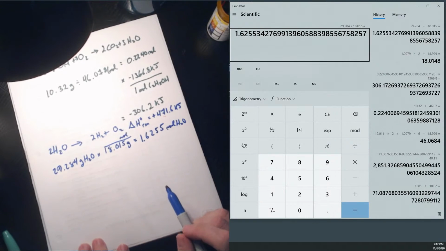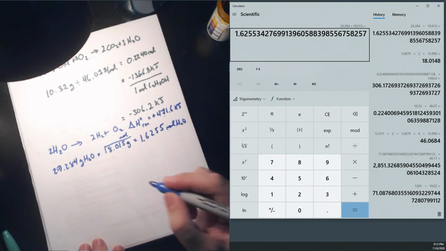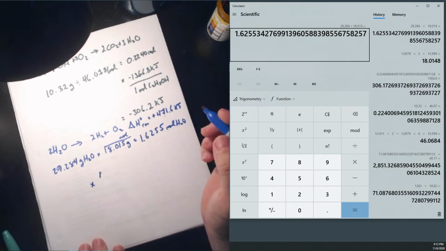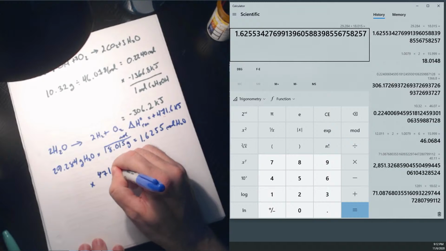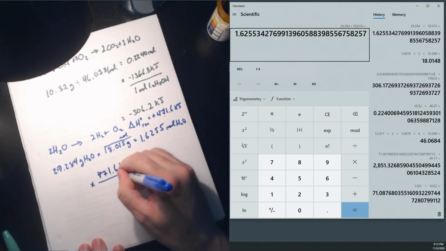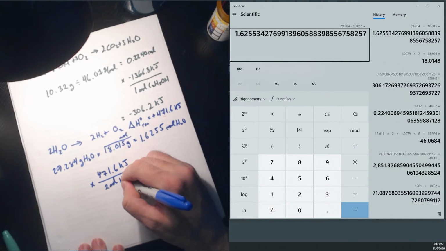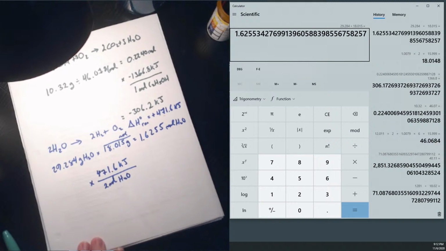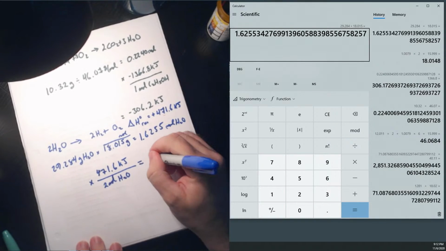So now, with our number of moles firmly in hand, we can multiply by the enthalpy of reaction. But notice that we're going to have to normalize it. Okay, so we multiply by the enthalpy of reaction, 471.6 kilojoules for every 2 moles of water. Okay, don't forget that you need to do that. It is super duper important.